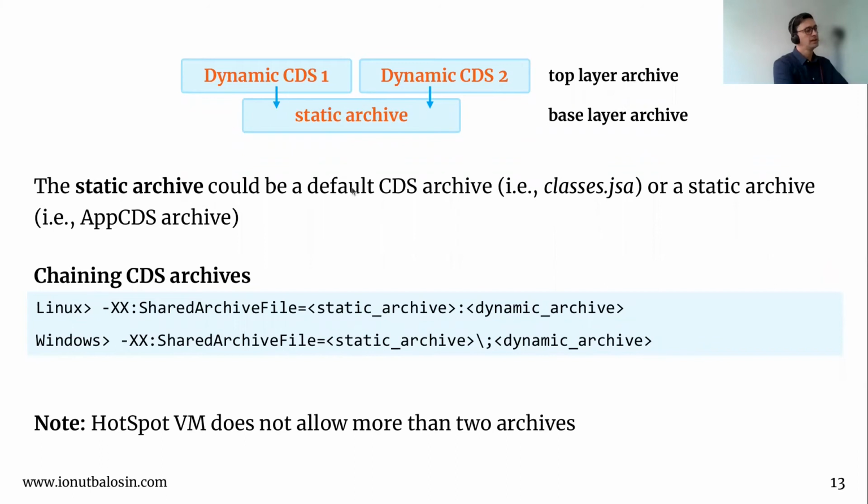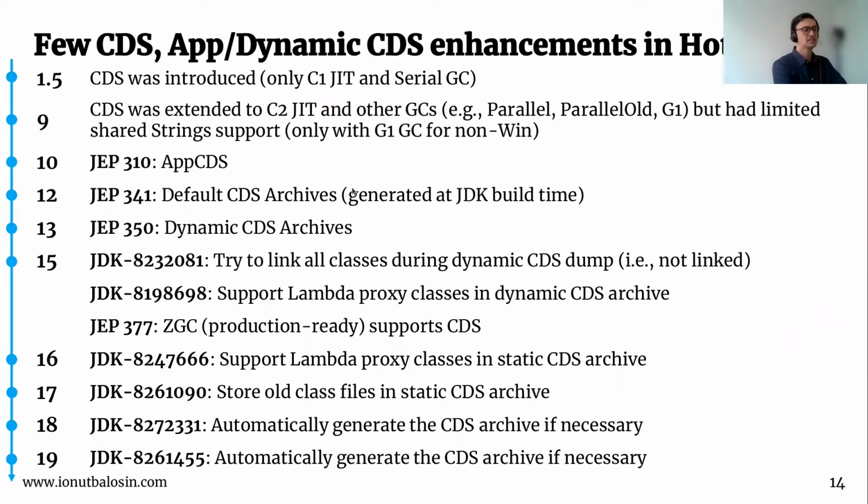And here, on this slide, I created a list of enhancements that I consider worth mentioning. Of course, there are a lot of such enhancements and bug fixes across the entire release history. For example, starting with JDK 1.5, as I mentioned, when CDS was introduced, the noticeable differences I saw came after 16.